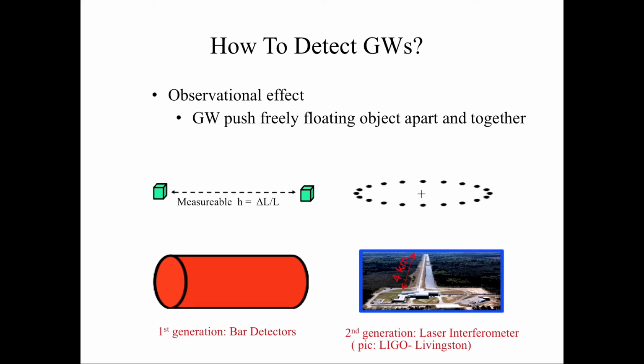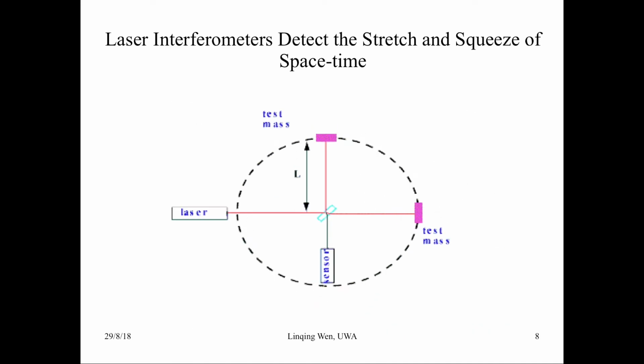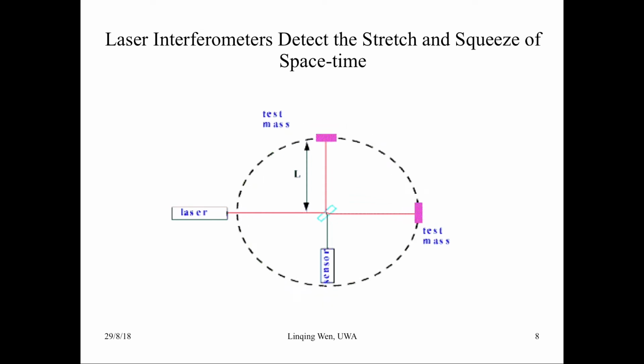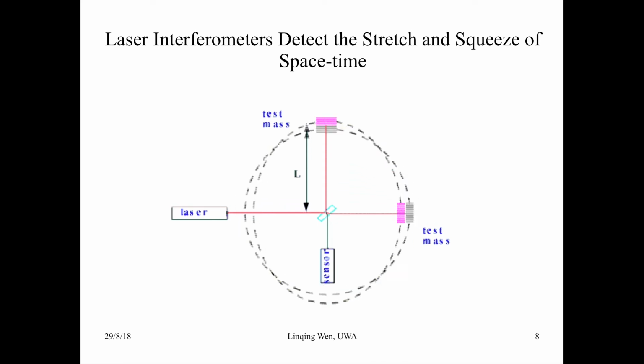So therefore, we have the second generation of gravitational wave detectors. Because where there is stretching in one direction there will be squeezing in the other, we use laser interferometers to combine these two effects. If you're a physics student, you probably will do this kind of experiment on a desktop. You have a laser shining through here, and that's a beam splitter.